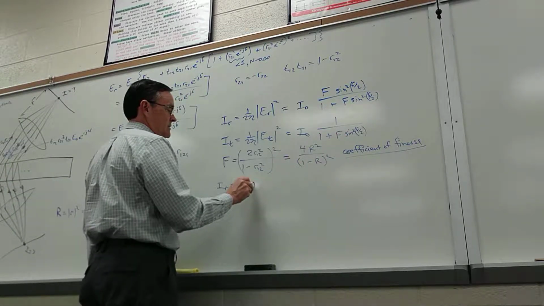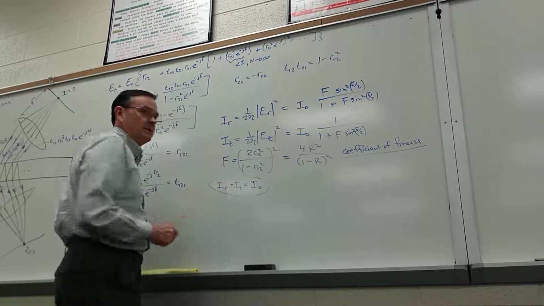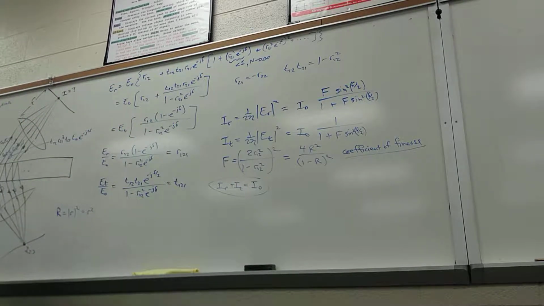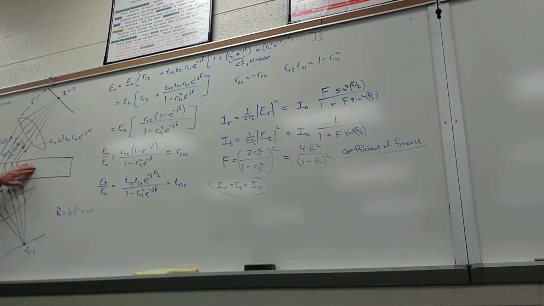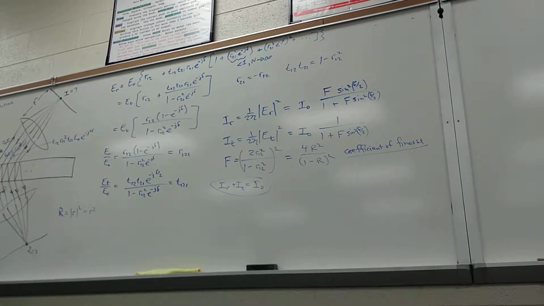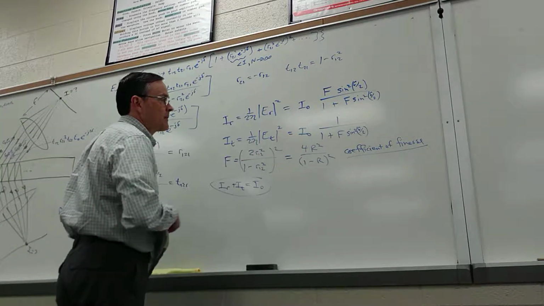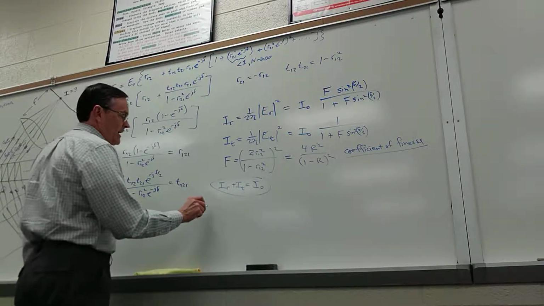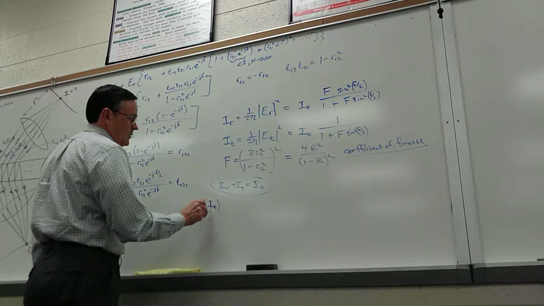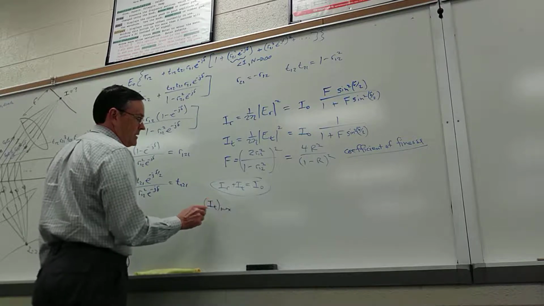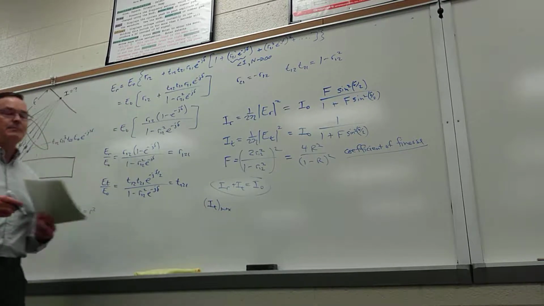So that's I naught, so good. We've got energy conservation, which is good because I said this is a dielectric slab, meaning it's lossless, so there's no loss mechanisms here. Okay, now if we take a look at the transmitted irradiance, and we ask, when is the transmitted irradiance a maximum?